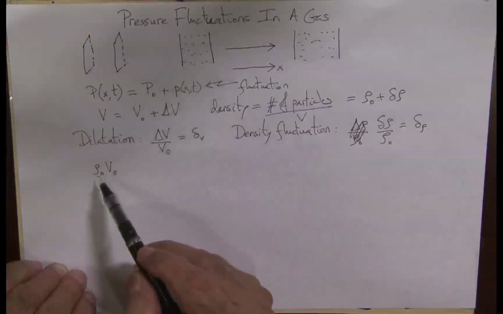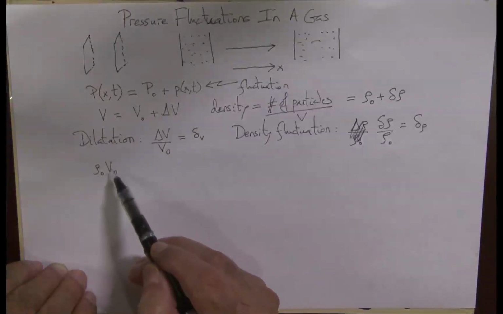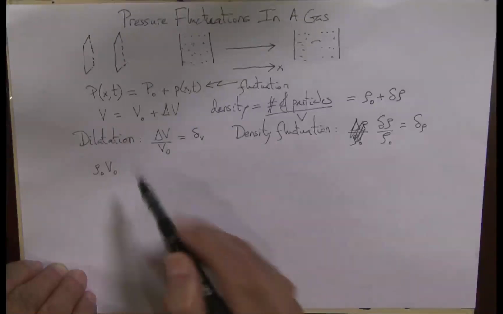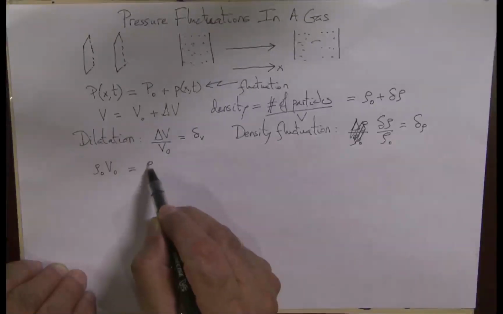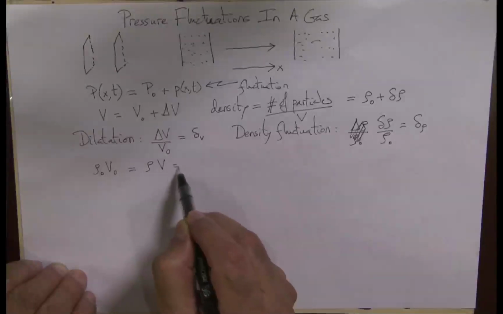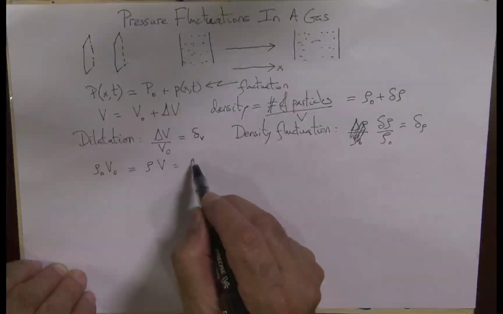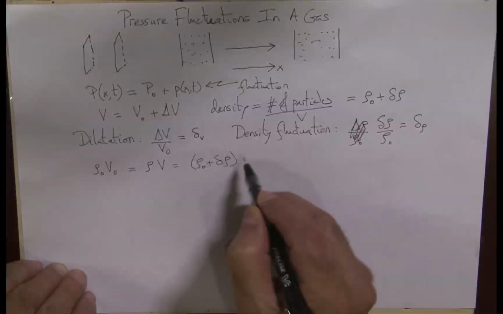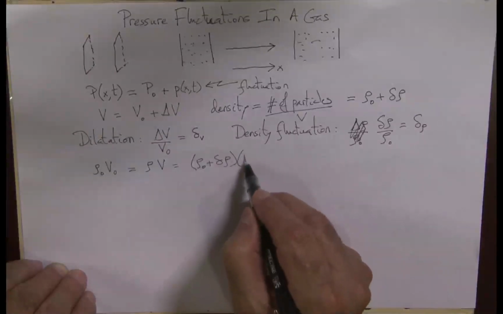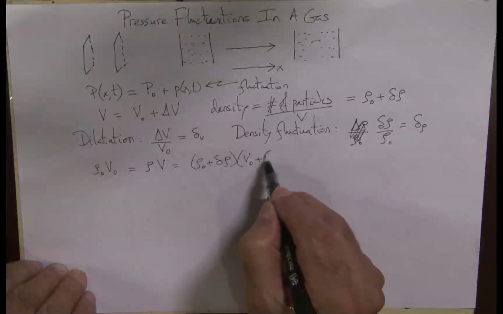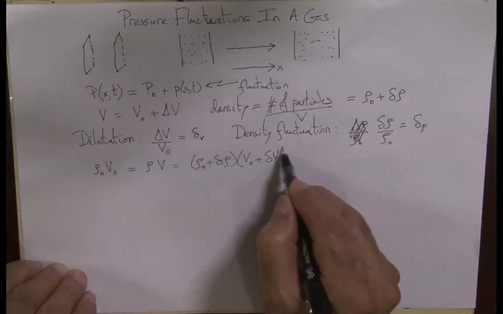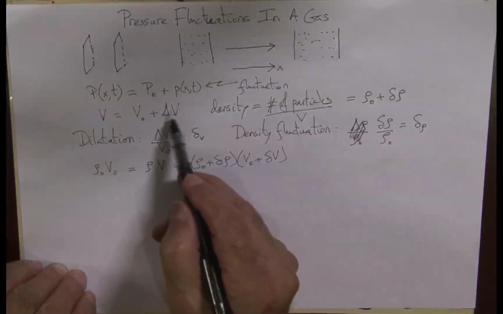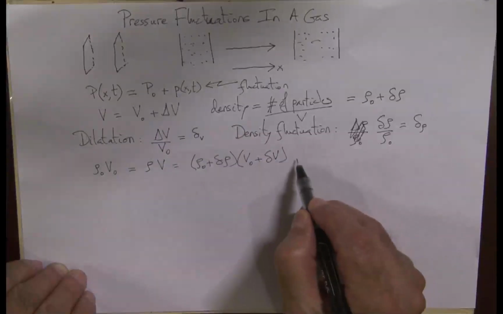So the density of number of particles per unit volume multiplied by the volume was rho naught V naught over here, and now that has to be the same as rho into V, and that means that this is equal to rho naught plus delta rho into V naught plus delta V. So this delta V is the same here as here.